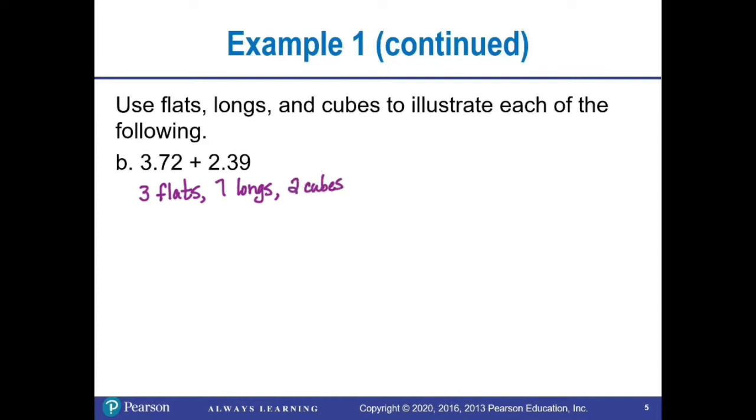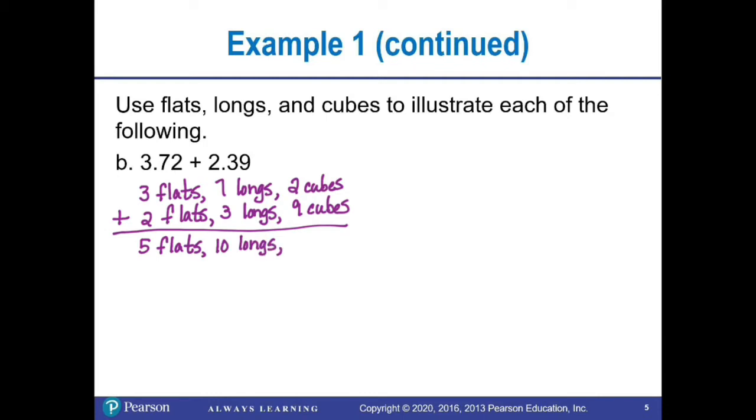To that, I'm adding 2.39, so 2 units or 2 flats, plus 3/10ths, so 3 longs, and 9/100ths, so 9 cubes. 3 flats plus 2 flats is 5 flats. 7 longs plus 3 longs is 10 longs. And 2 cubes plus 9 cubes is 11 cubes.